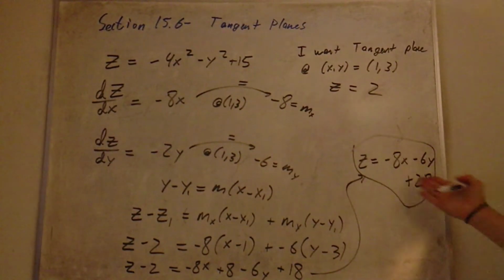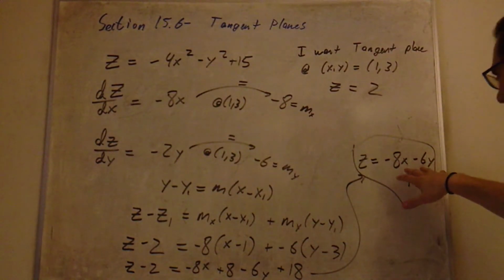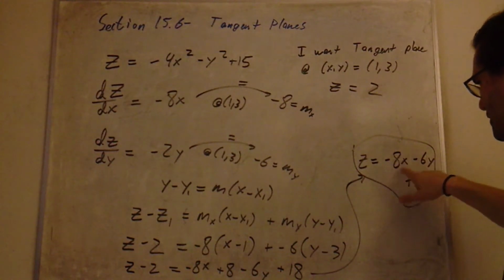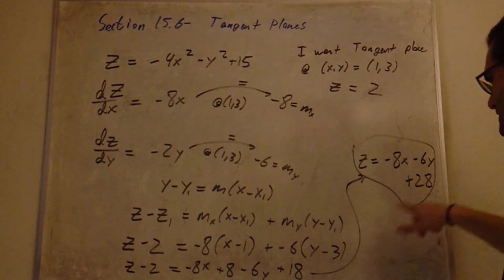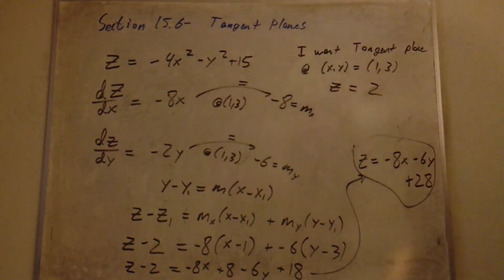So this is our linear plane, and you can see that it is in fact a plane. It's got a slope on x and a slope on y, and that thing equals z, and we have an intercept over here. It's 28, and it's nice. It works out.